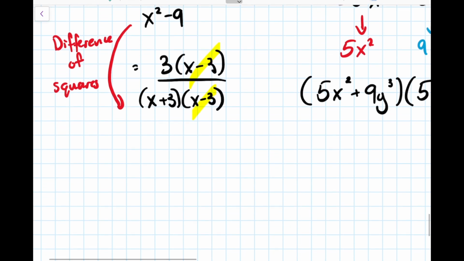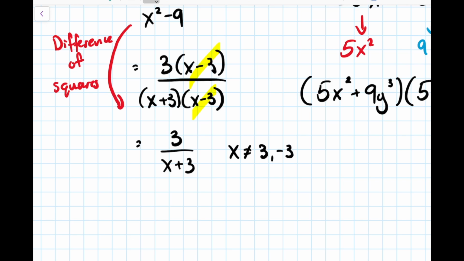Those x minus 3s are going to cancel, and we're left with just 3 over x plus 3. Our NPVs are positive 3 and negative 3. And you could, of course, write that as plus or minus 3 if you wanted to.